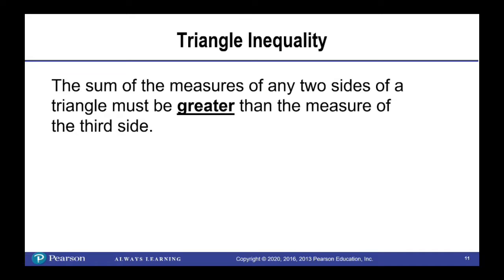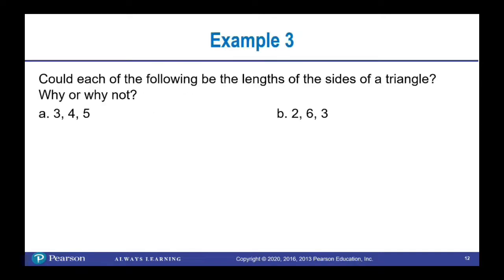We have what's called our triangle inequality. And what this says is I can add any two sides of a triangle, and that sum is going to be greater than whatever the length of that third side is. Here's how that works. In part A, we have 3, 4, 5. We want to know, can these be the lengths of the sides of a triangle?